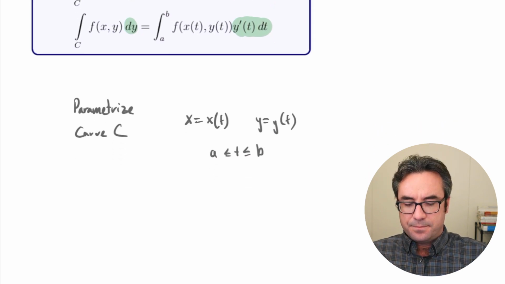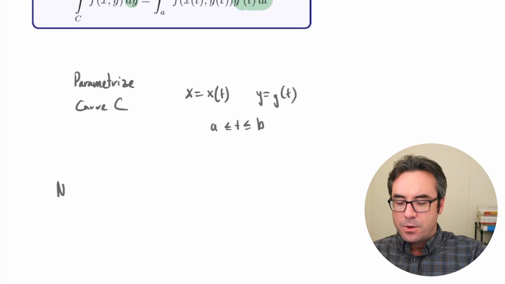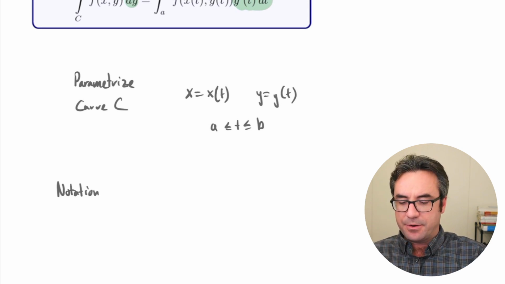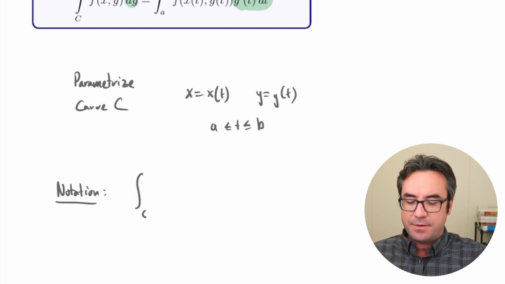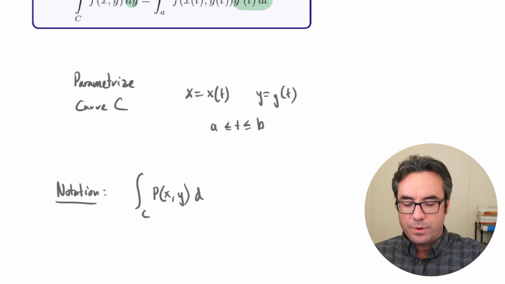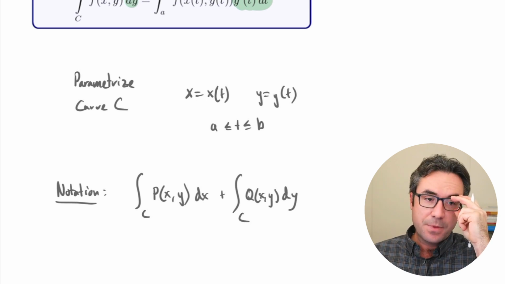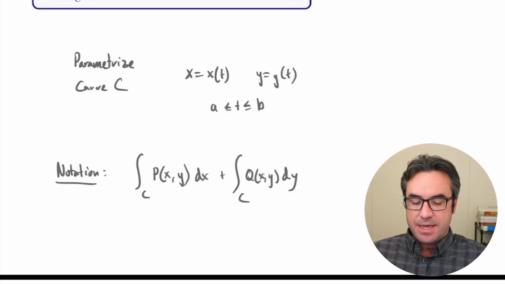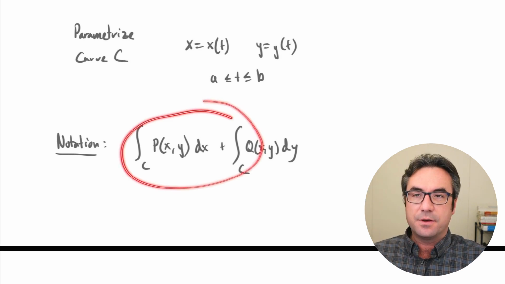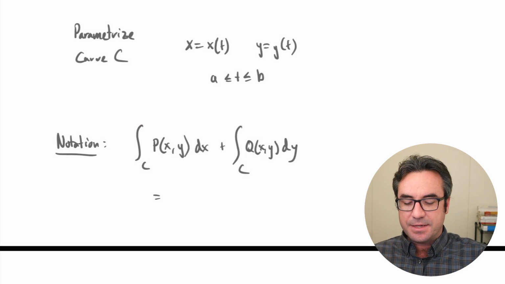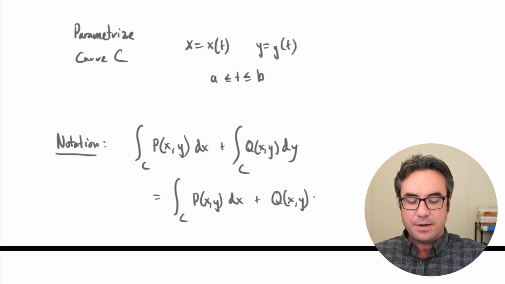And normally, as a notational thing, when we have a few of these line integrals put together, say we had the line integral of some function p of x, y over curve C with respect to x, and then another line integral of some other function q of x, y with respect to y over that same curve C. Well, the standard way to write this is to combine the integral signs and write it as the line integral over curve C of p of x, y dx plus q of x, y dy.